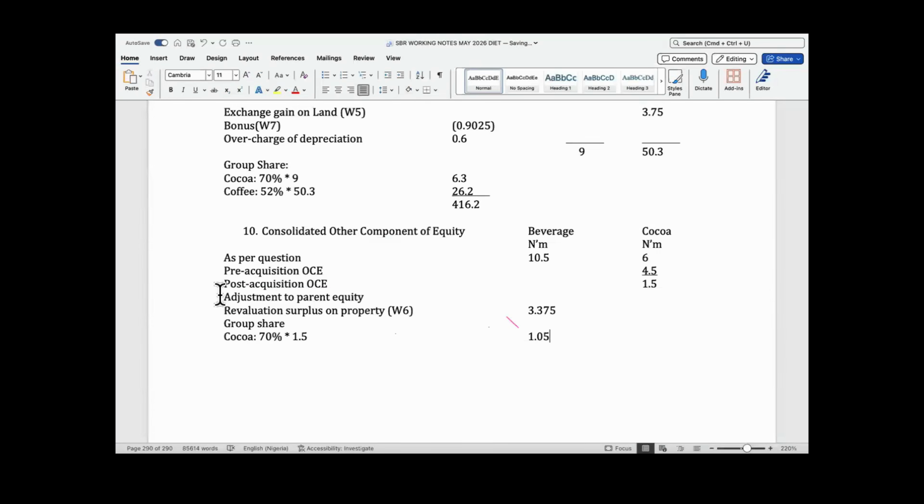Okay, so I need to determine this adjustment to parent equity. To determine that, I will still need to get the value of non-controlling interests in cocoa and in coffee.